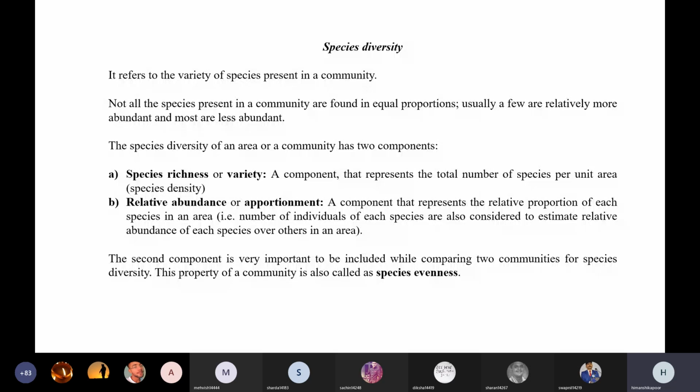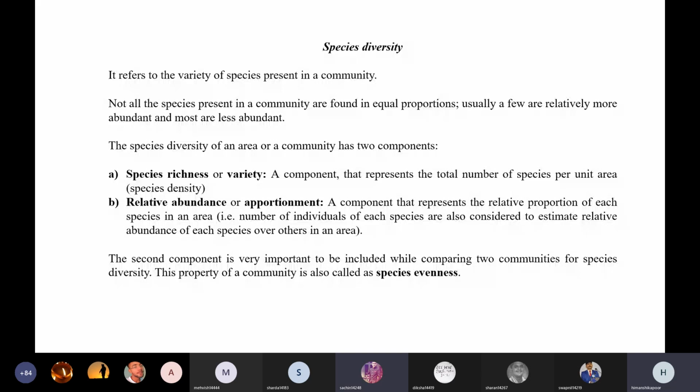There might be 100 mountain rats that live in a forest. Out of other species, this species has more individuals, so that is why its abundance is more. Got this point? Yes, ma'am.